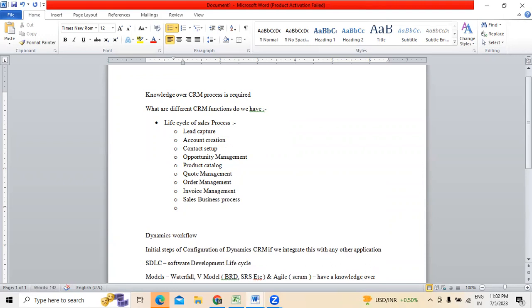So these are the areas, when we look at the sales process as a business analyst. The life cycle of a sales process is this. So this knowledge, being a BA, you need to understand. Clear?